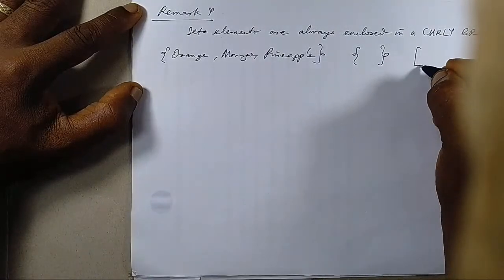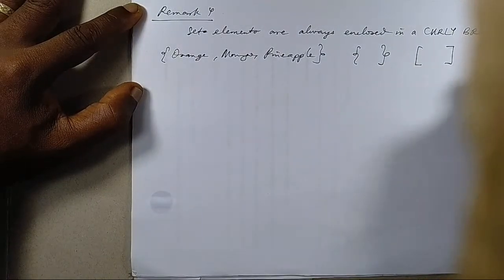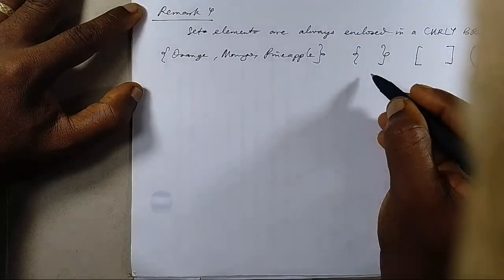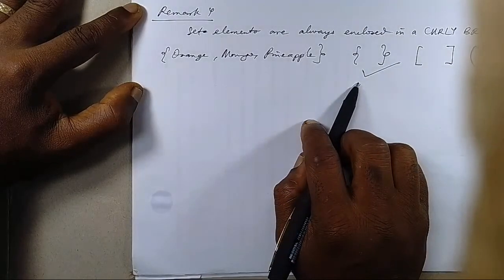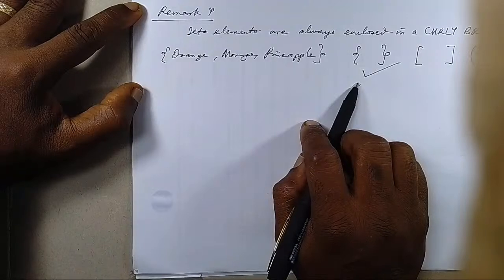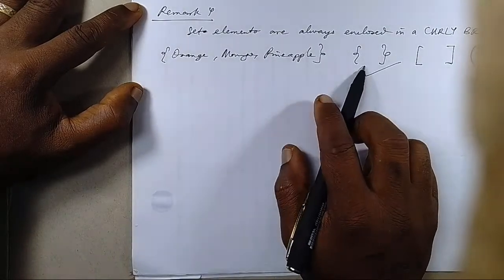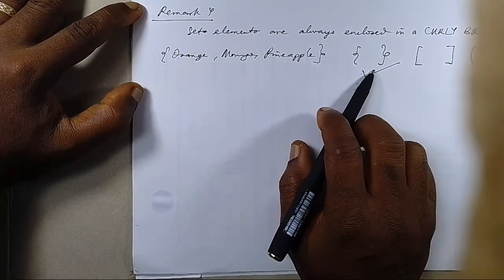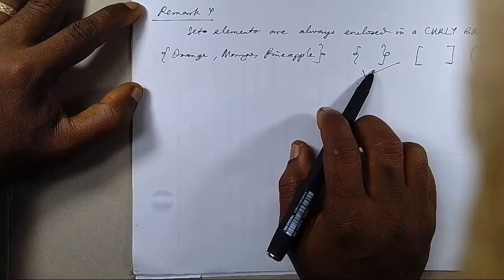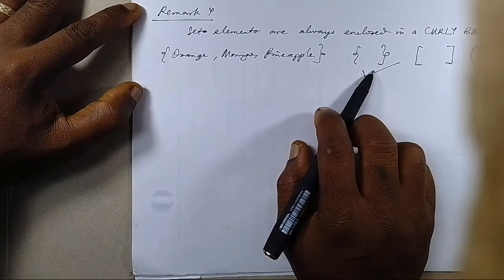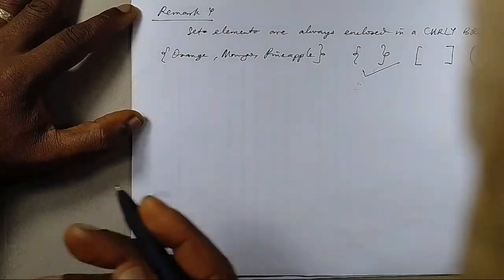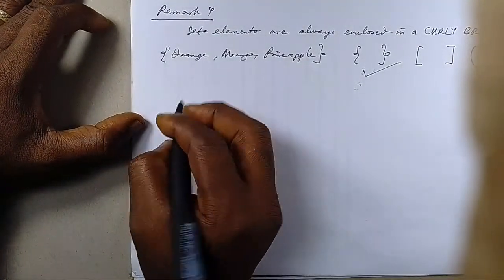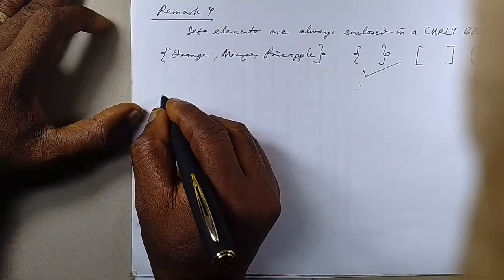It is not this, this is a square bracket. It is not this. It is this. So this is a curly brace. In set theory, we use curly braces to contain the elements of a set. So please take note of that. Now, let's move over to definitions.